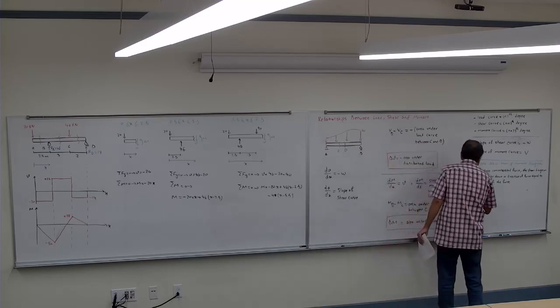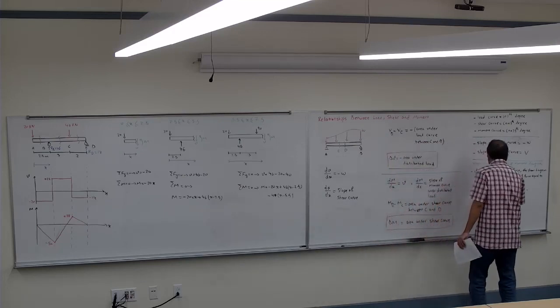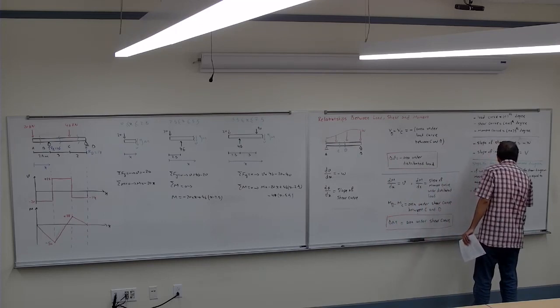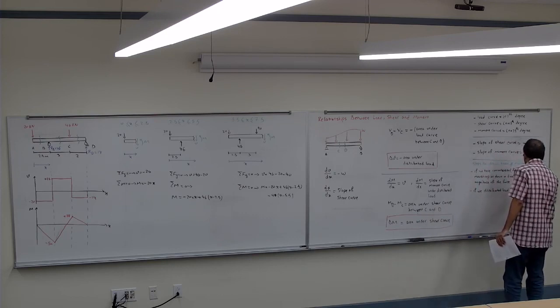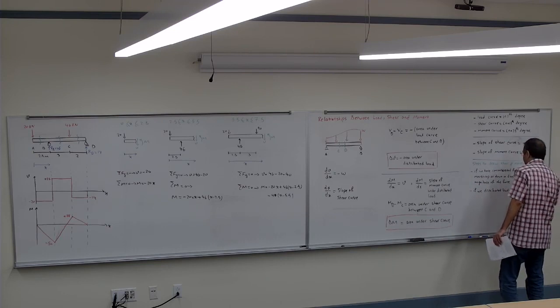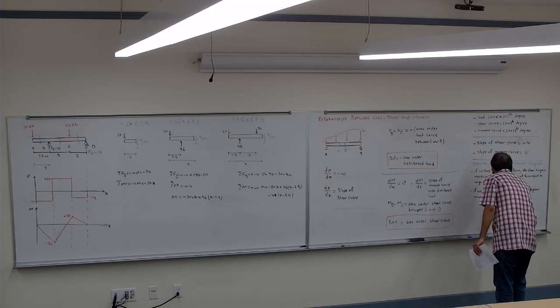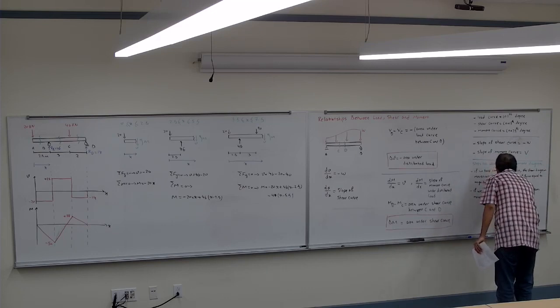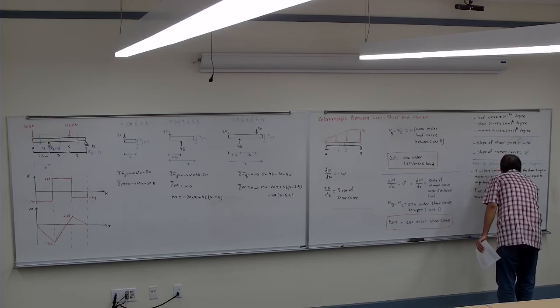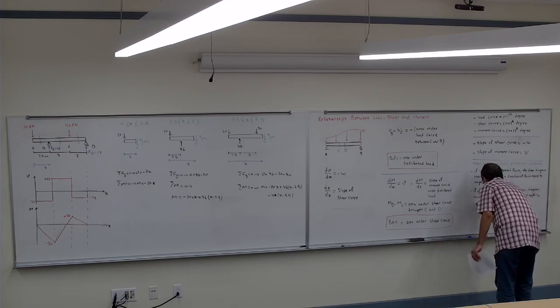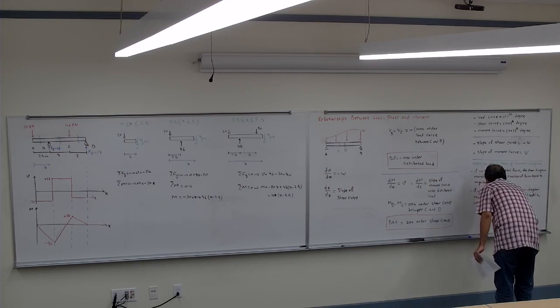If we have a distributed load, the shear diagram moves up or down in the direction of the load, equal to the area under the load.